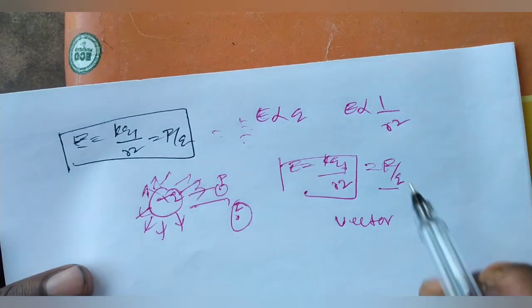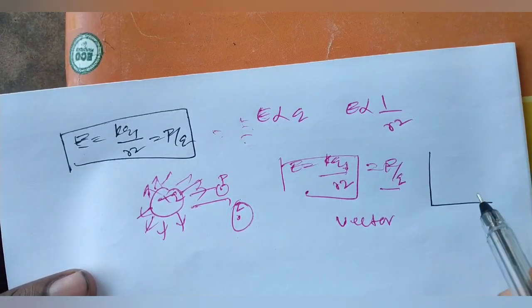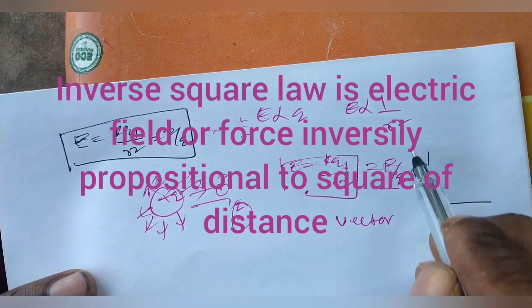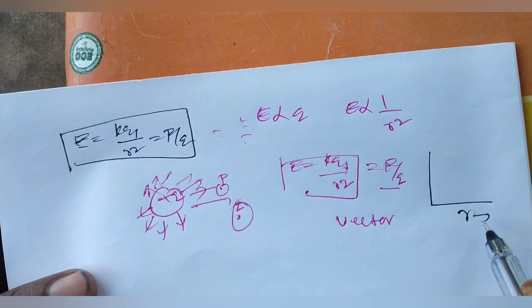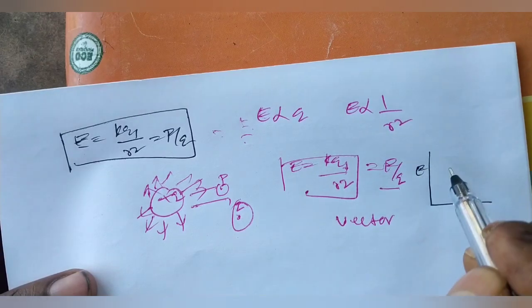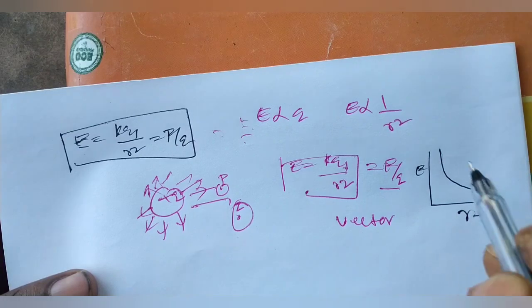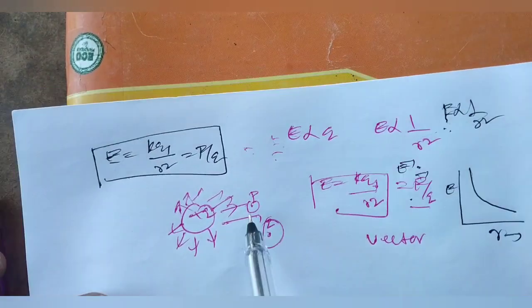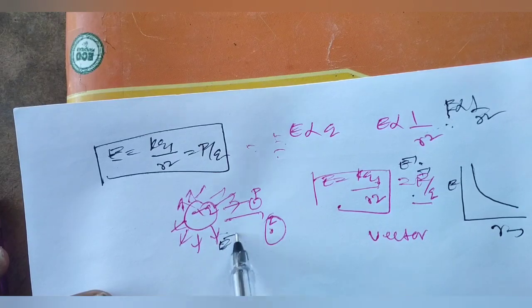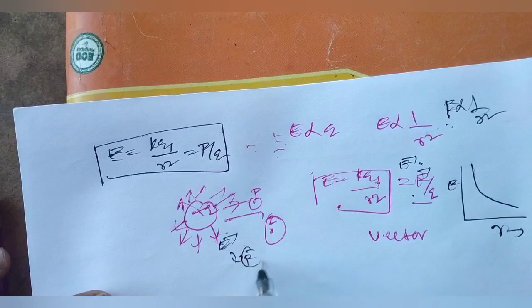According to this relation, this is the inverse square law, the variation of electric field with distance, that is, E is proportional to 1 by r square. The electric field direction is outward, and the force direction is also there.